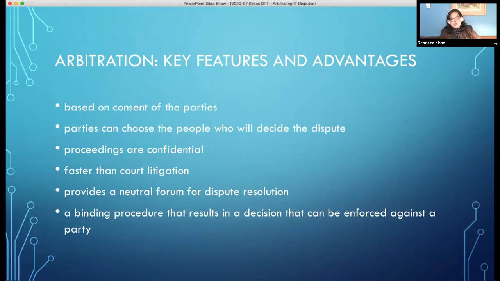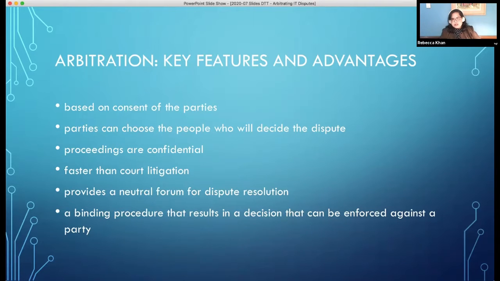It's also possible in some contracts, so that's a requirement in government contracts. There are some contracts, for example, between private parties, where they did not provide for arbitration. But when a dispute arises, if they think that it's better to go to arbitration rather than a court, they can at that point, after a dispute has already arisen, agree to submit that dispute to arbitration. That's called a submission agreement.